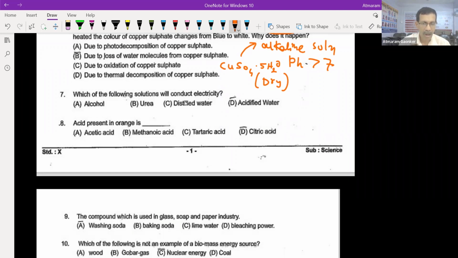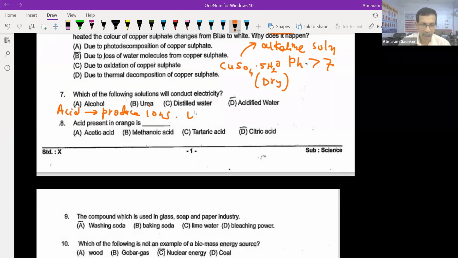Here, one is acid, and acid produces ions. Acid produces ions which are responsible for conductivity.